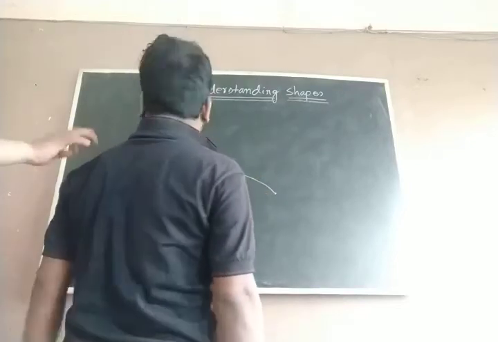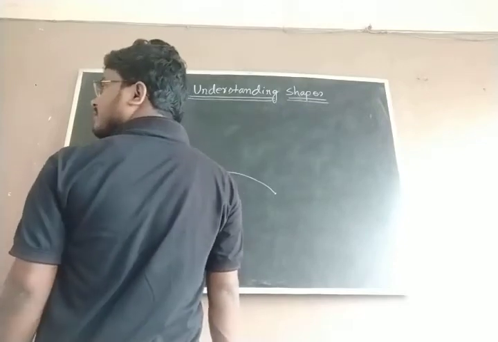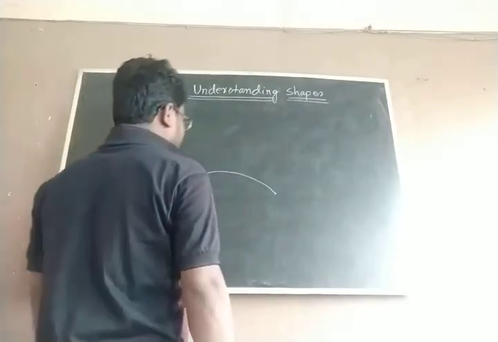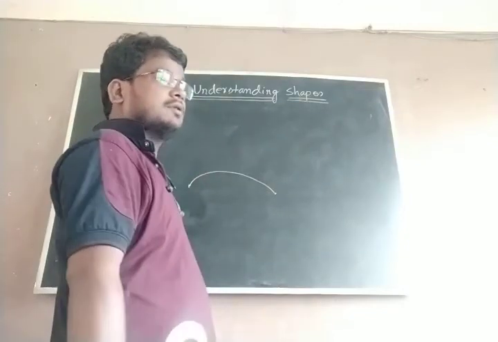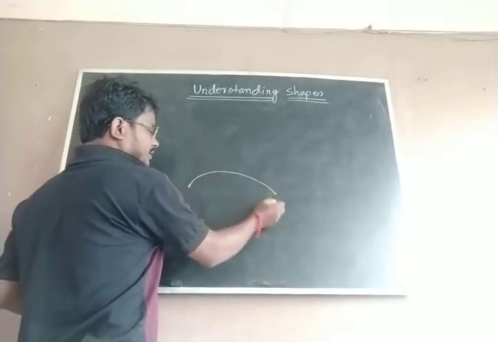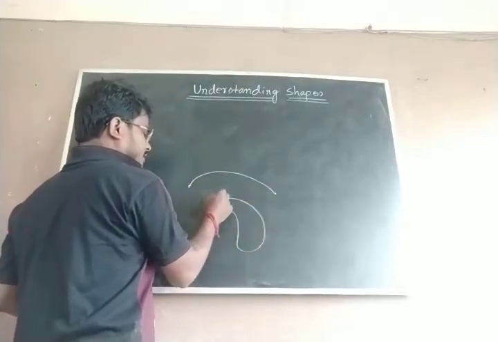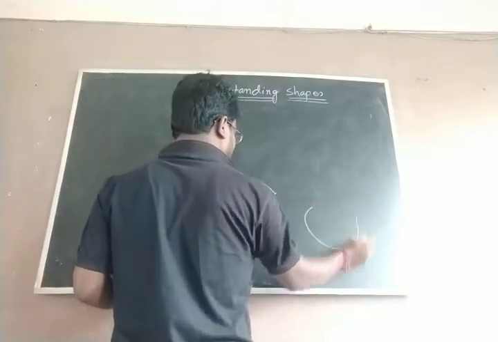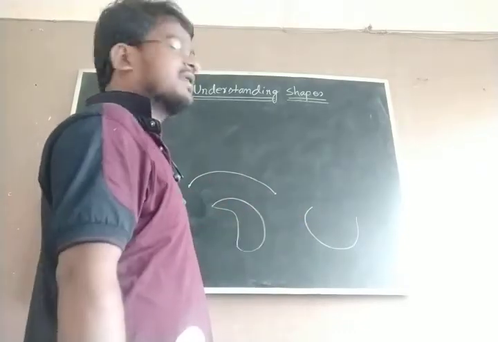These lines are called curves. You just draw it. If you draw like this, this is also a curve. So you can see there are different types of curves.